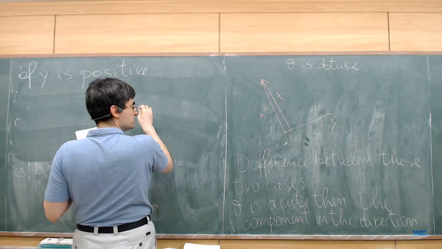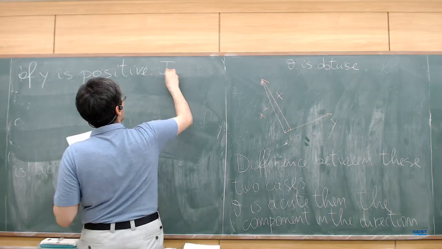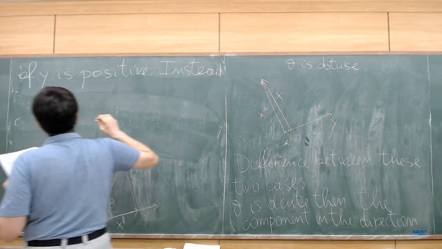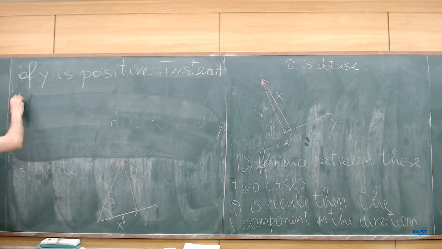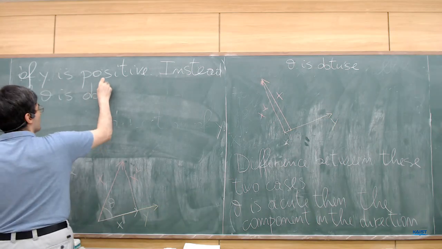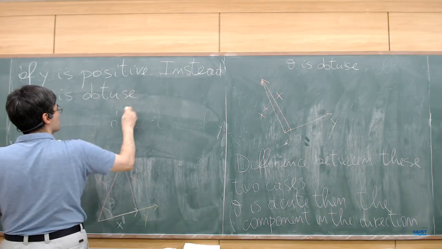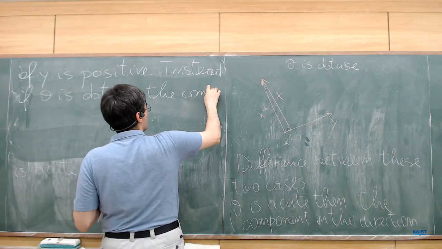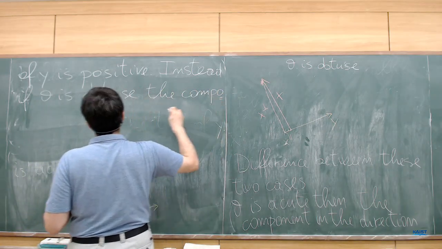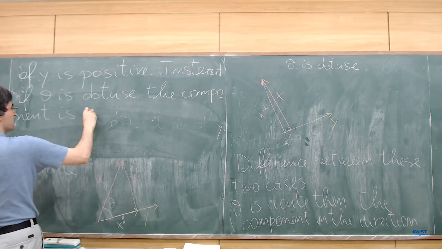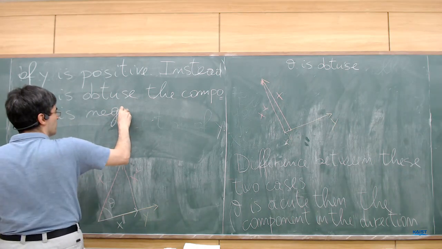Instead, if theta is obtuse, the component is negative.